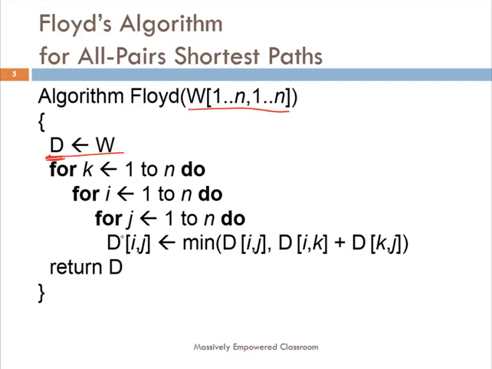So there are 3 nested loops for k from 1 to n, for i from 1 to n, and for j from 1 to n, and we compute the new value of the distance i, j to be the minimum of what was already there, or the sum of i to k and k to j, and we do that repeatedly, and in the end we return the matrix D.